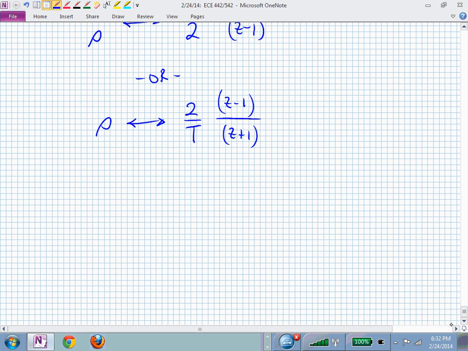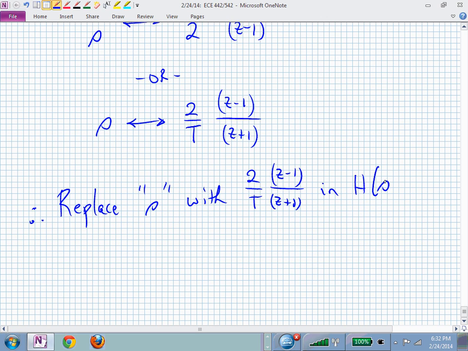And to find this discrete equivalent using the bilinear transformation or this trapezoidal rule of numerical integration, we simply replace S with this 2 over T, z minus 1 over z plus 1 in H of s to obtain H of z.